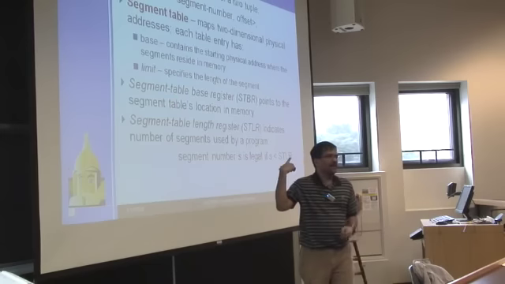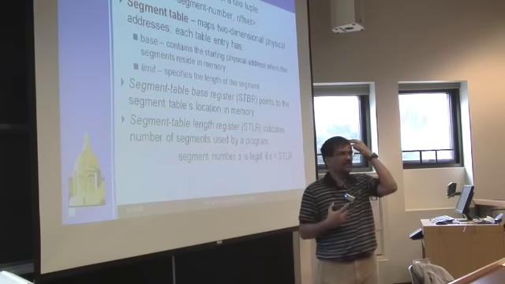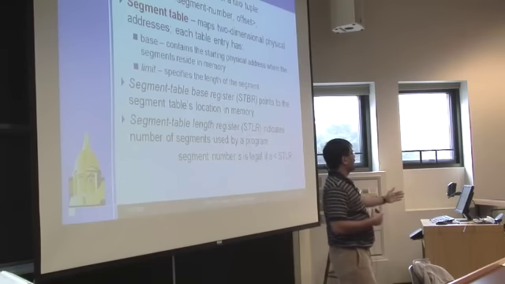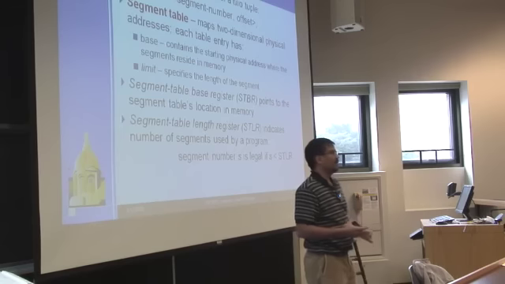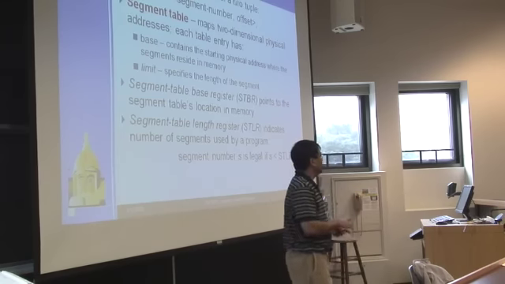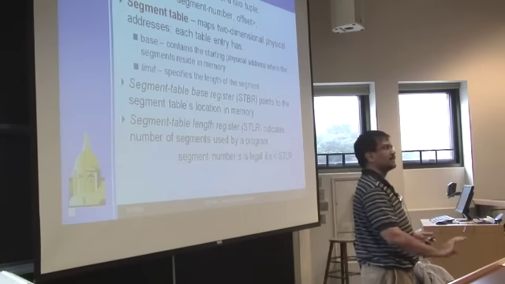So that brings us back to the notion of how you use segments, right? You use segments by figuring out what the segment start is and then the offset within the segment. If you think of this as a matrix, you want to know where the matrix starts, and then you calculate where the element you want to look at is. And of course, this may get translated into pages underneath.